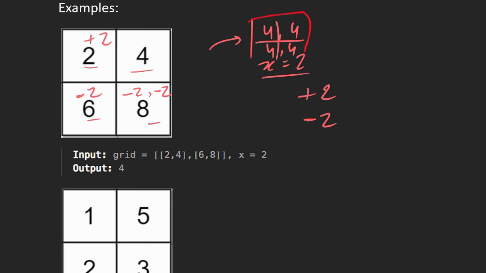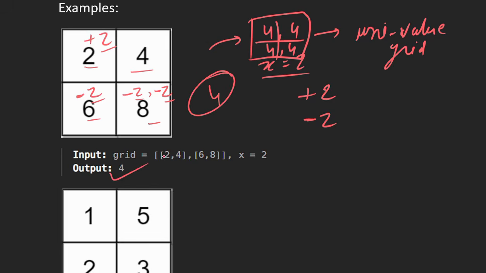So our grid has all values the same, it's a uni-value grid. How many operations have we done? 1, 2, 3 and 4. So total 4 operations, and the output is 4.